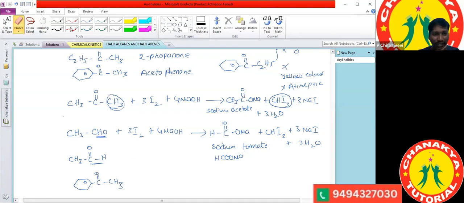How will they ask the question in the examination? Acetophenone directly with I2 in presence of NaOH. This is what they generally ask. They won't give any balanced equation. If it is I2 in presence of alkaline solution, which test does it represent?